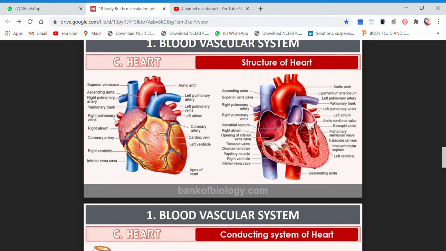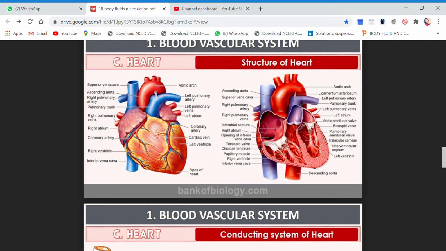Both the valves close so that the backflow of the blood is prevented. Now both the ventricles are filled up with blood simultaneously and the valves are closed.